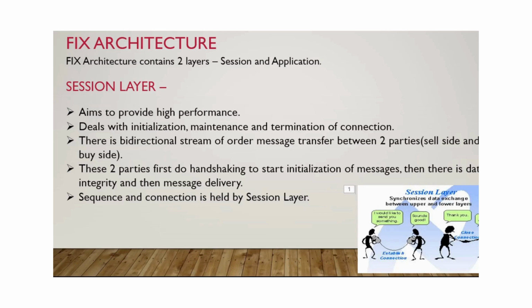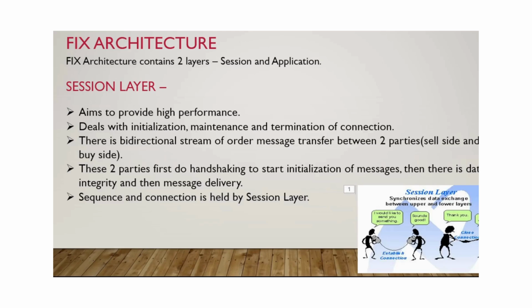FIX architecture contains two layers, that is session and application layer. So as we can see in the image in the right hand corner, what is the main purpose of session layer in OSI model? So session layer basically synchronizes data exchange between upper and lower layers. So there will be one sender and one receiver.